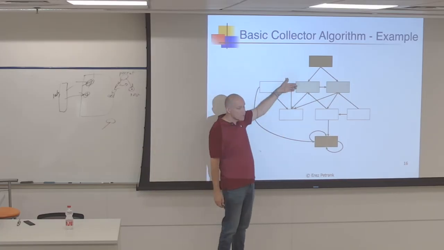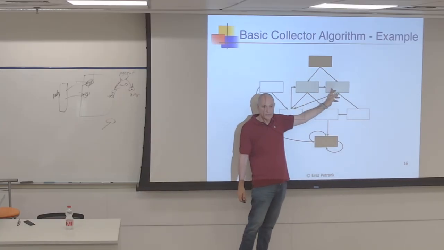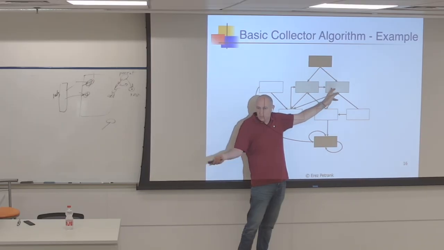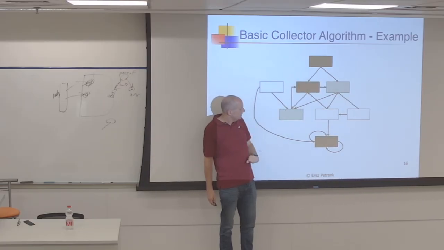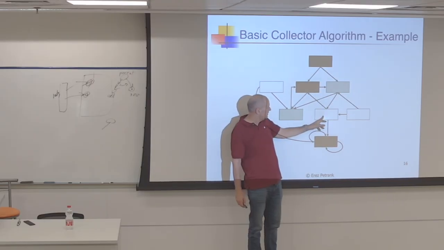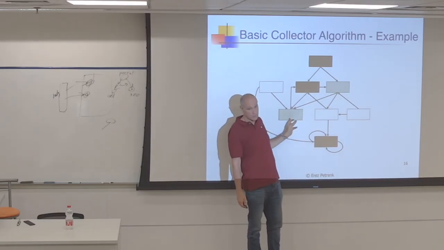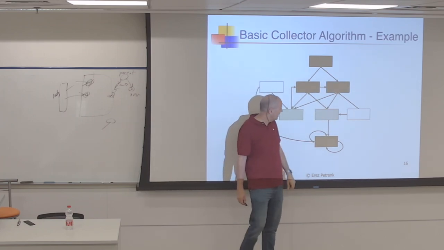Now we choose any gray node. It has only one child, and that child is already gray. Shading a gray node does not change its color, but shading this other one will make it gray. Then we can make this black. If we take this gray thing, we have to shade this, and this too, but it doesn't change anything. So we make this gray.